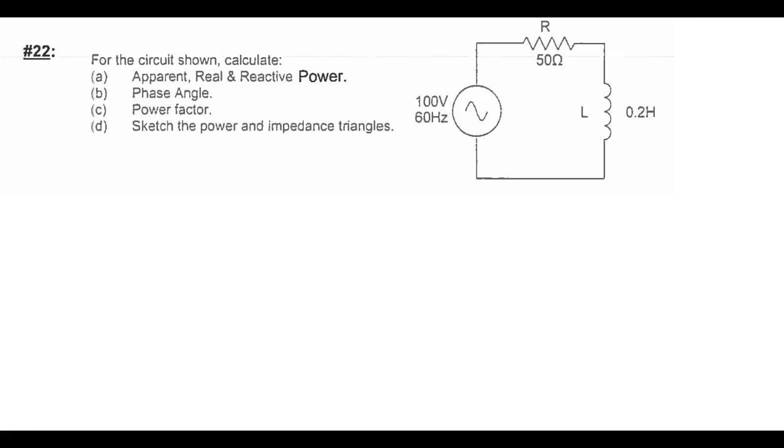And so we'll start off with the inductor. For the inductor, the inductive reactance is equal to 2 pi times F times L. The frequency is given. It is 60 hertz.